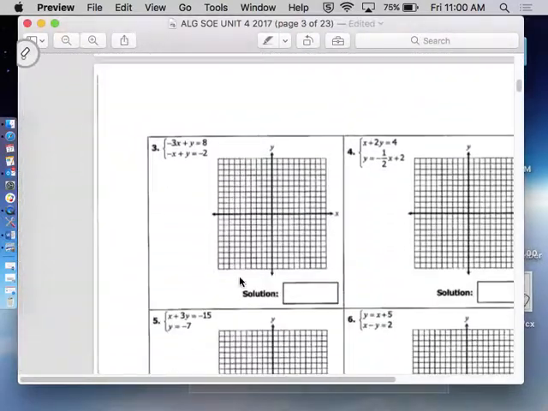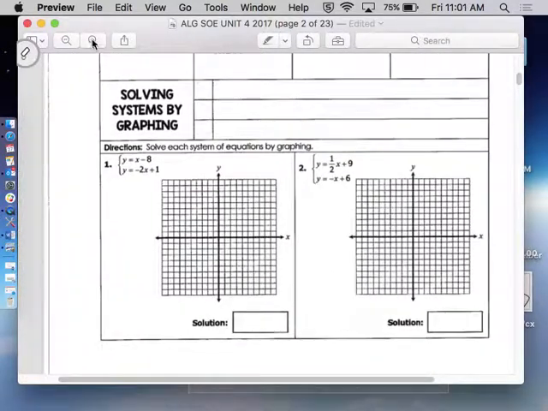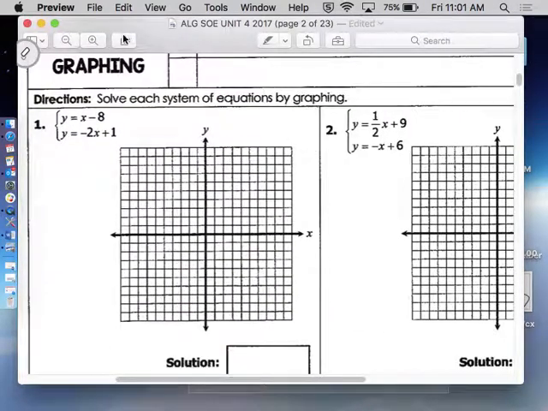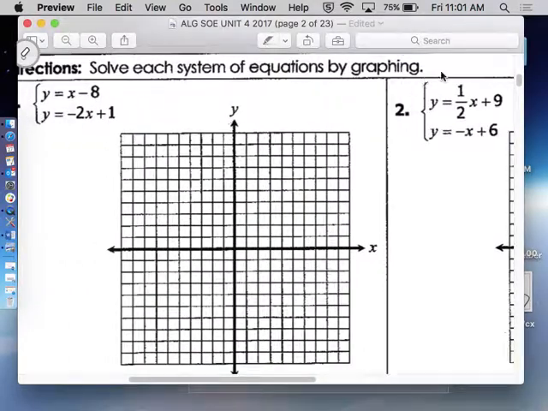Let's do one together on the video. The instructions here ask you to solve by graphing, and that means I'm going to look for the intersection point. So I'll graph the first line in blue, starting at -8, here's my y-intercept, my slope is +1, and I'll graph the second line in red.